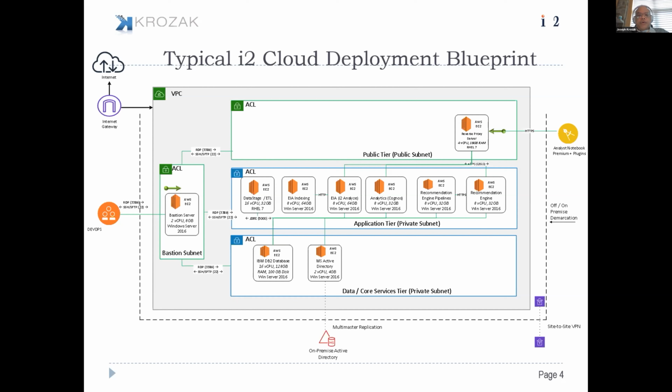The next two are EIA related, and they don't have to be two separate boxes, but often for a large deployment for scalability, you'll separate the maintenance of the indexes that support the query aspects of EIA into its own box or its own server, if you will, with its own resources.